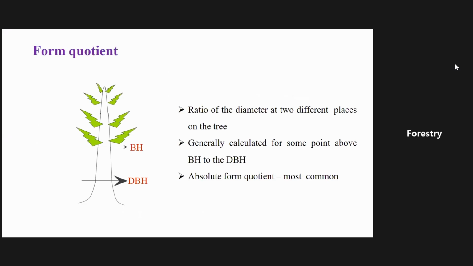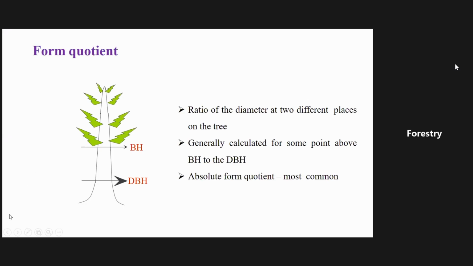Coming to the other term, form coefficient, that is the ratio of diameters at two different places on the same tree. Generally, form coefficient is calculated for some point above breast height relative to the DBH.